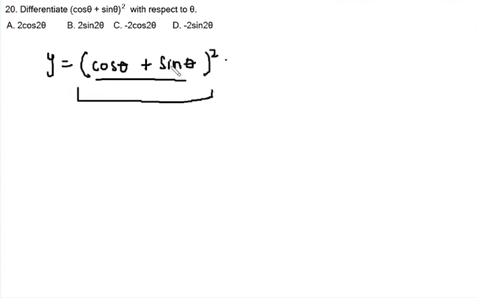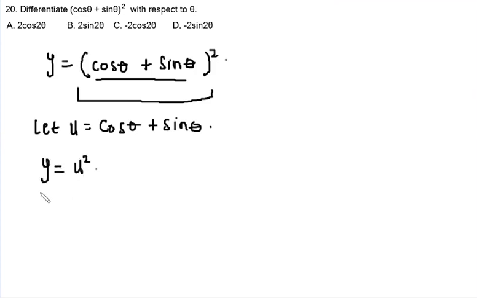To do that, we need to assign this inner value to another variable. So I will say let u is equal to cos theta plus sin theta. So that y becomes equal to u squared. So I have two functions in my hand.